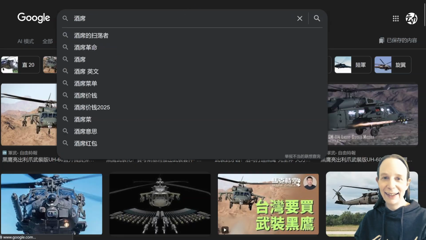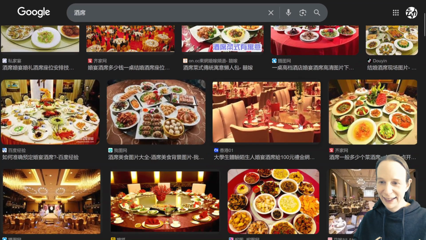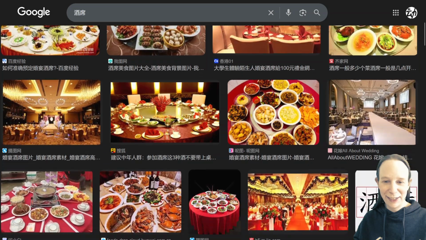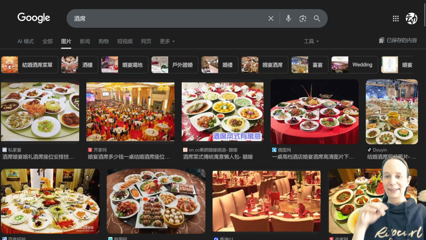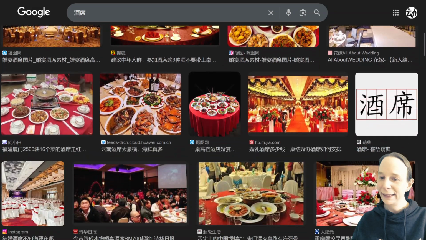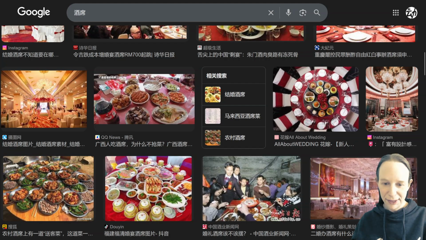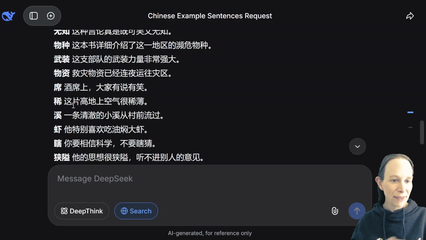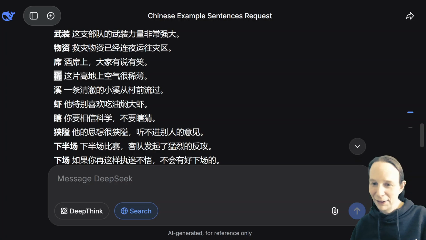All right. Yeah, it's exactly what I envisaged. Normally you get 10 people around one of these tables and you share a whole bunch of dishes. And if it's a massive banquet, you can have large numbers of tables. So this is 酒席, is it? All right.